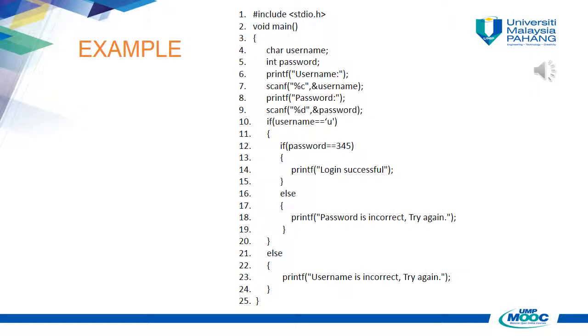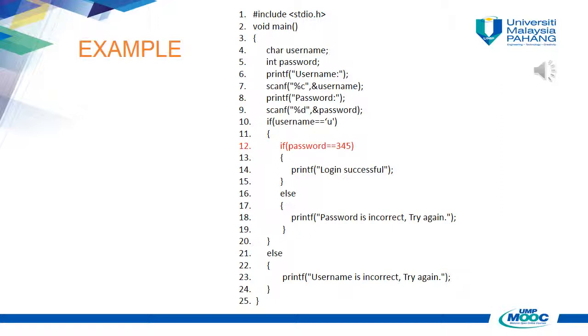This next video shows an example of a login checking program. Lines 4 and 5 show the declaration of variables and lines 6 to 9 show the printing and scanning of input from the user. In the first condition, if the user has typed U as the username, then the program control moves to the second if condition and checks for the password.